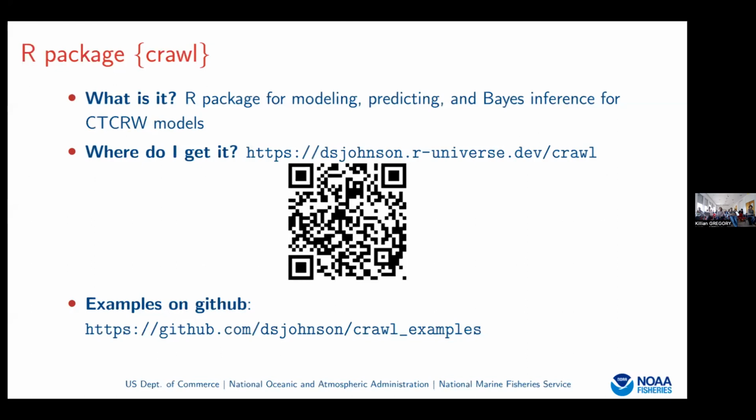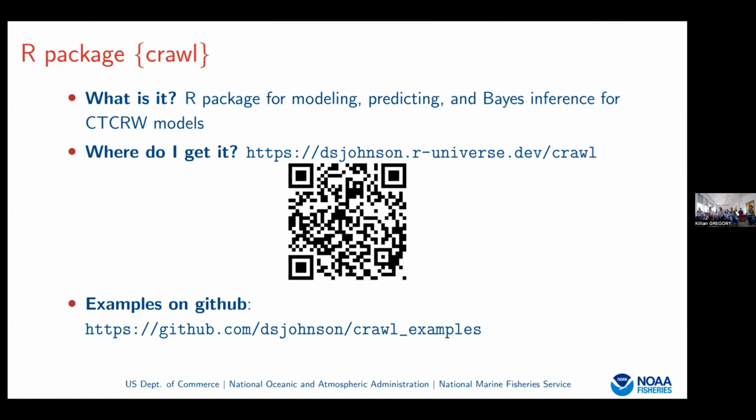The R package I'll do this with is crawl, but there are other ones since then. What used to be foieGras is now aniMotum, another package. I forgot to get a slide for that; it just dawned on me as I was sitting here. It fits pretty much the same model as this.